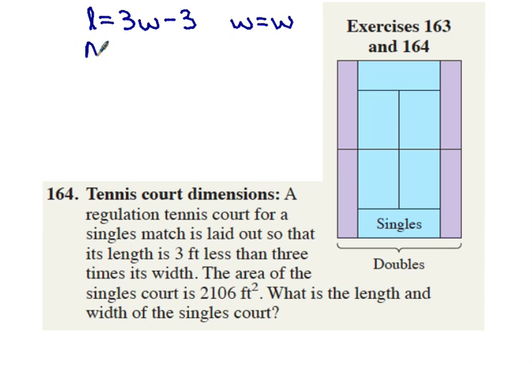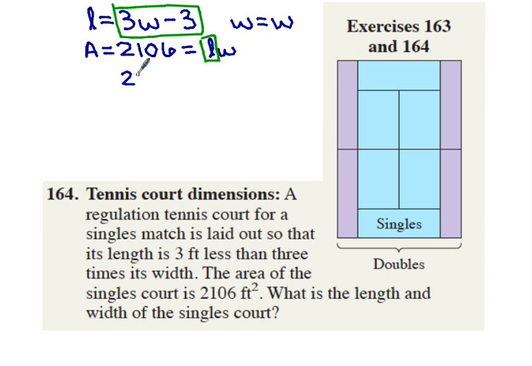So I know my area equals 2,106 feet squared. And I also know that the formula to find area of a rectangle is length times width. So now I have an equation that has length defined in terms of width, so I can create an equation with a single variable.